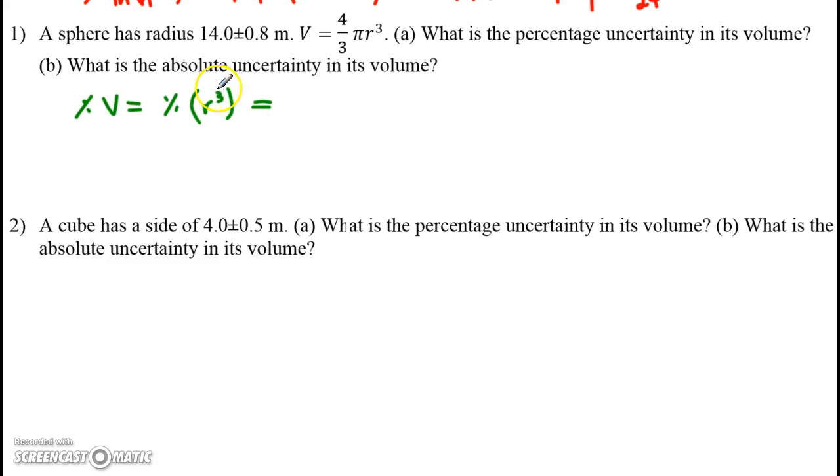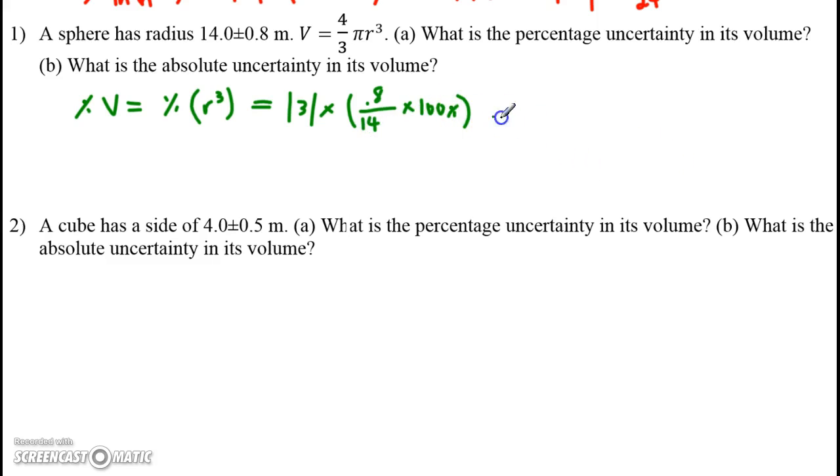We're taking r, we're raising it to a power. You find the percentage uncertainty by multiplying the power, absolute valued, by the percentage uncertainty in r. So what's the percentage uncertainty in r? It's simply 0.8 over 14 times your 100%.